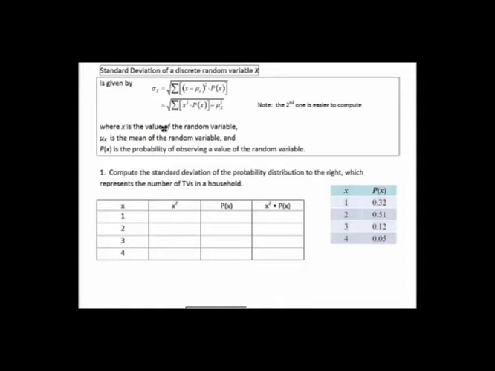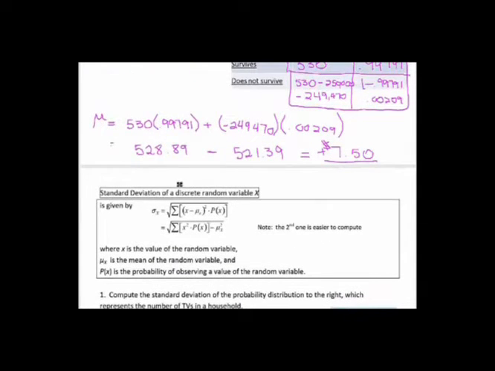I said, oh, so wait, let me write that down up here, what that actually means. It means they are averaging $7.50 for each policy that they sell.